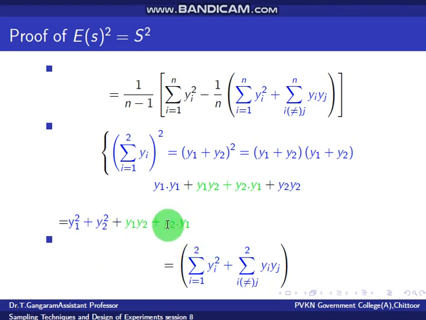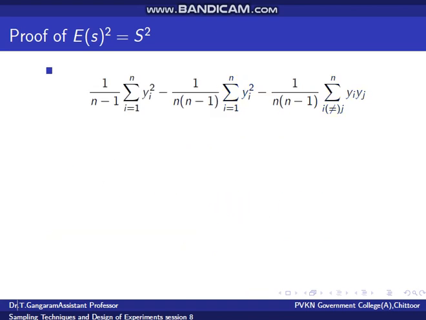Similarly, we can test y1 plus y2 plus y3 also. By replacing 2 with n, we get this. For 2 terms we can understand; for n terms this expression comes.